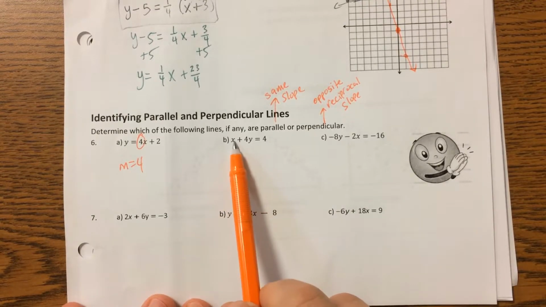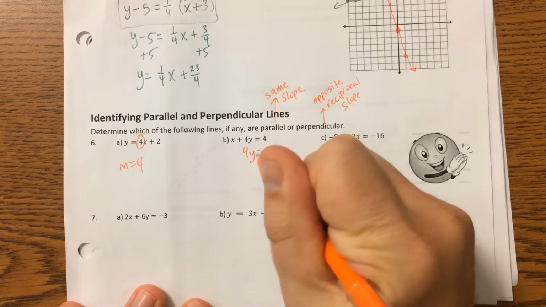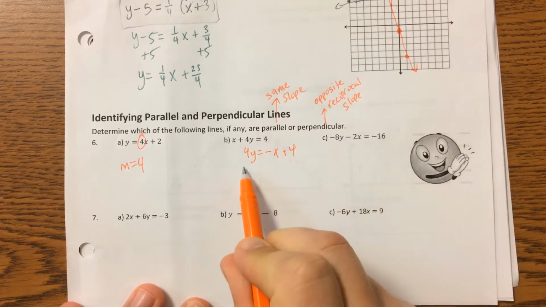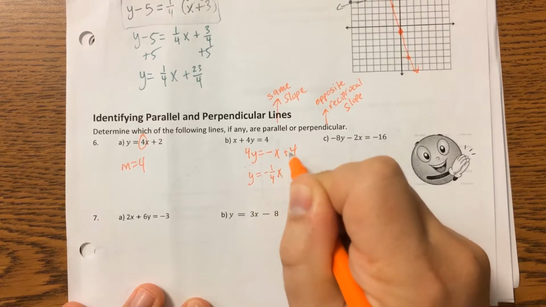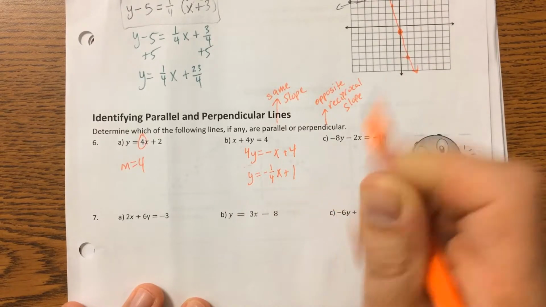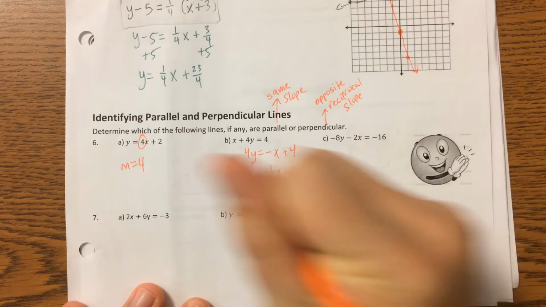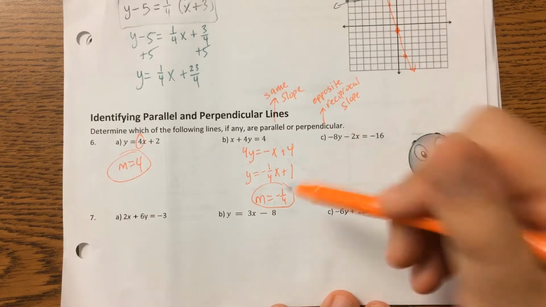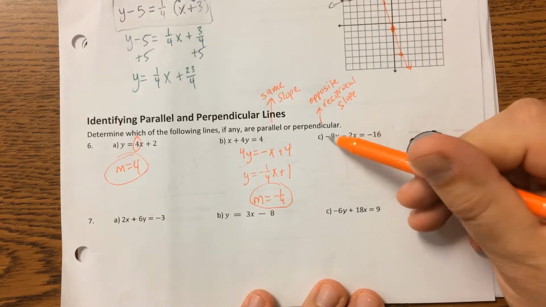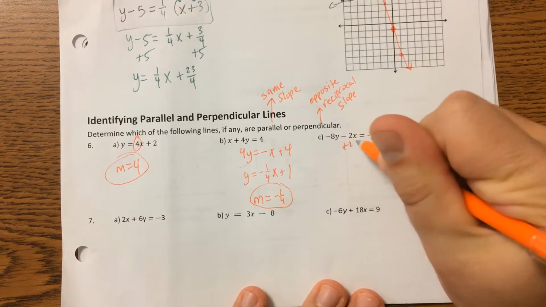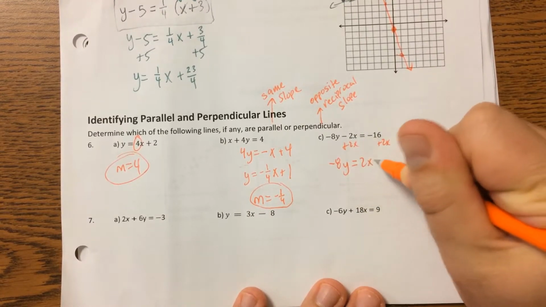For b, we're going to move the x over and then divide by 4. So we're going to subtract x on both sides, which would give us negative x plus 4, and then divide everything by 4. So this is negative 1 over 4x plus 4 divided by 4 is 1. So the slope here is going to be negative 1/4. And then for this one, we need to add the 2x over to the right side and then divide by negative 8. So we're going to add 2x to both sides to give us negative 8y equals 2x minus 16.